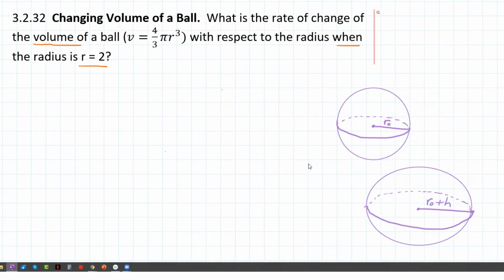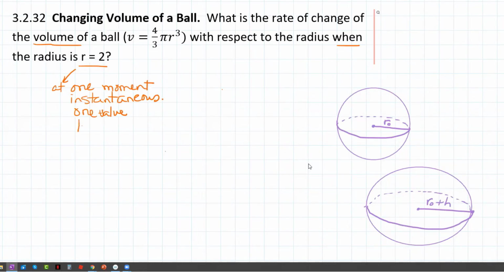We'd have 2 points and 2 values to use, and we could just find a regular slope calculation. This is at a particular value of r. Think of it as at one moment in time. We're talking about a limit. So if we're looking at one moment or one value, we're looking at the instantaneous rate of change. And you know this because it's one value. If it was 2 values, we'd be looking at average rate of change.